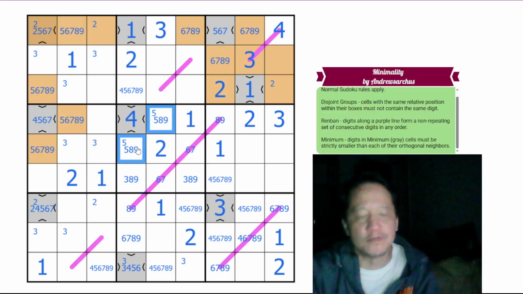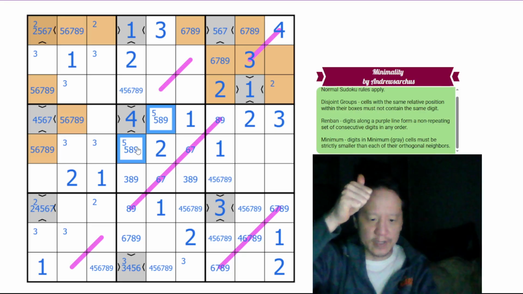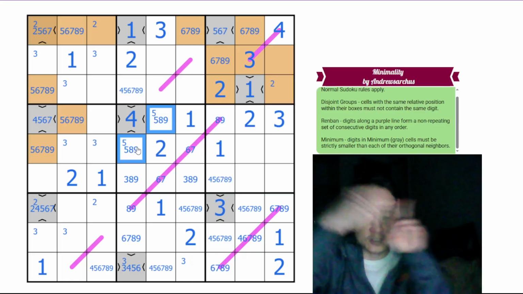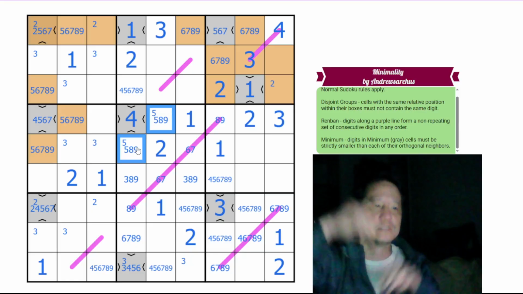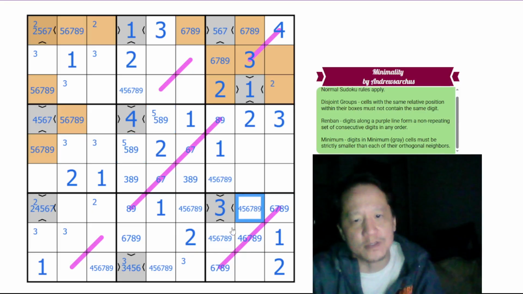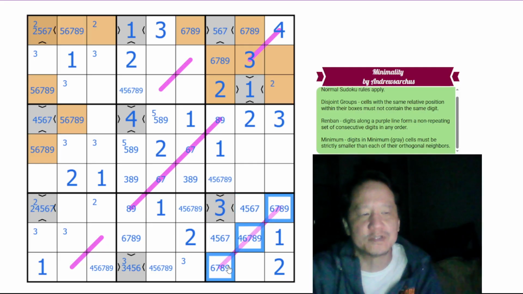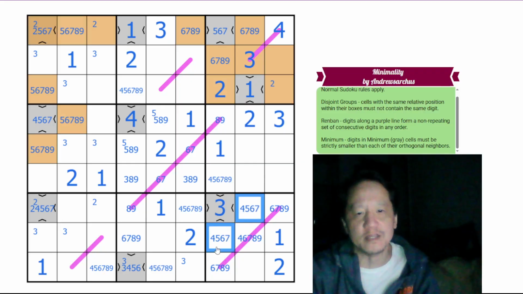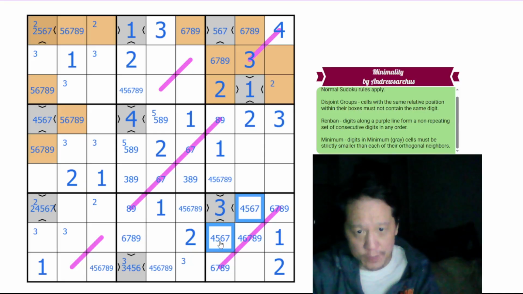That means we have the 7 having both 8, 9s surrounding next to it in the box. 6 has to have a 7 and one of the 8 or 9 surrounding it, so these cannot be 8 or 9. Therefore, this cannot be 4, 5, 6 or 5, 6, 7 as a Renband, because that would eliminate 3 possibilities from these cells, which would mean these are the same digit. So that doesn't work.